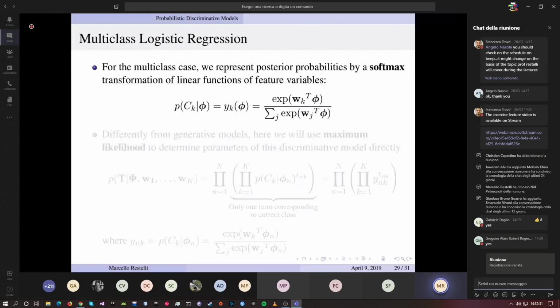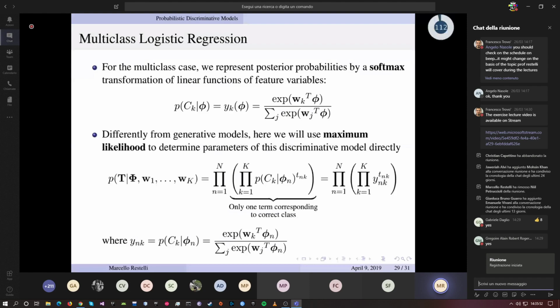So the softmax is the generalization that you can use when you have multiple classes, and you can represent your model in this way. As we will see, the training of this model is very similar to the training of the two-class logistic regression model.